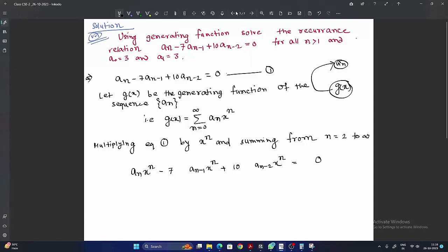So first we take a product with x to the power n with each term, then we take the summation over n equal to 2 to infinity. Clear?